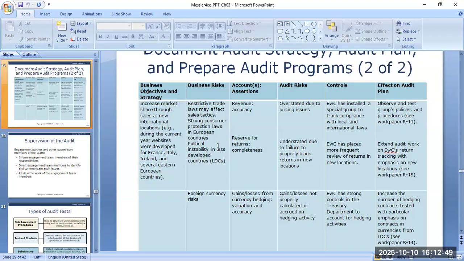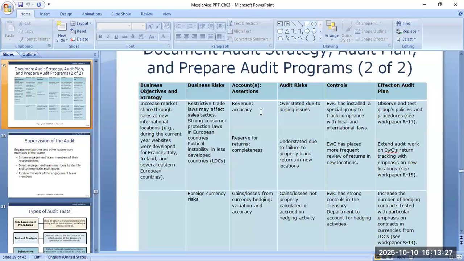Strong consumer protection laws in European countries, political instability in the less developed countries, which are the Eastern European countries. We're going to have foreign currency risks once we're dealing with multiple locations in different countries. Even though most of those will be in euro, most Eastern European countries are still not in euro, so that may trigger that foreign currency risk.